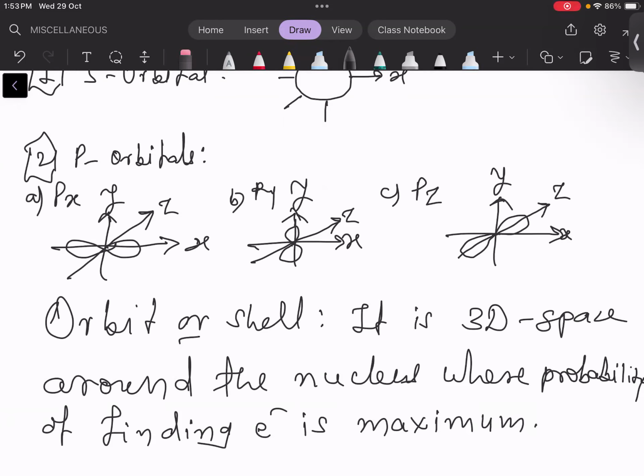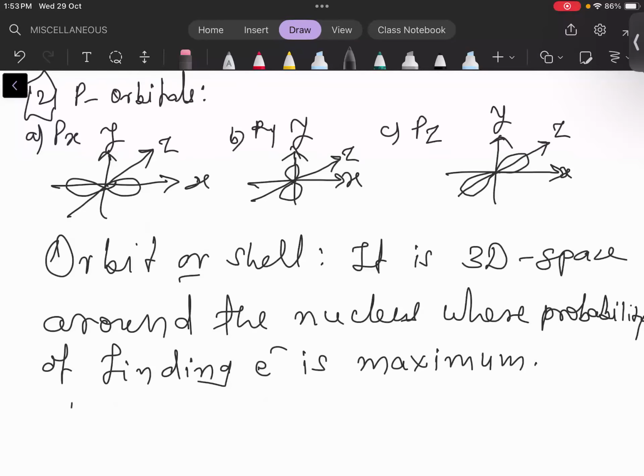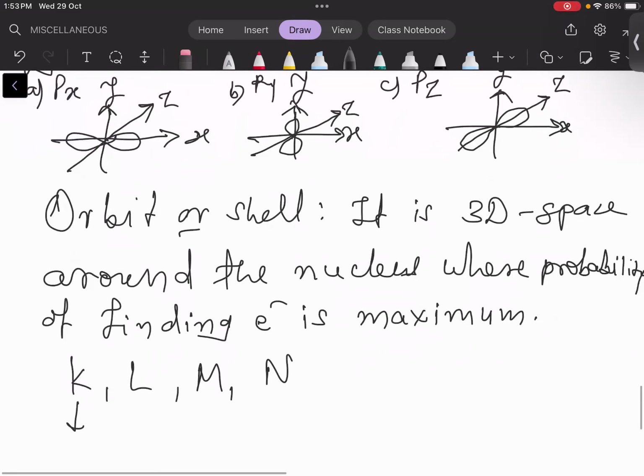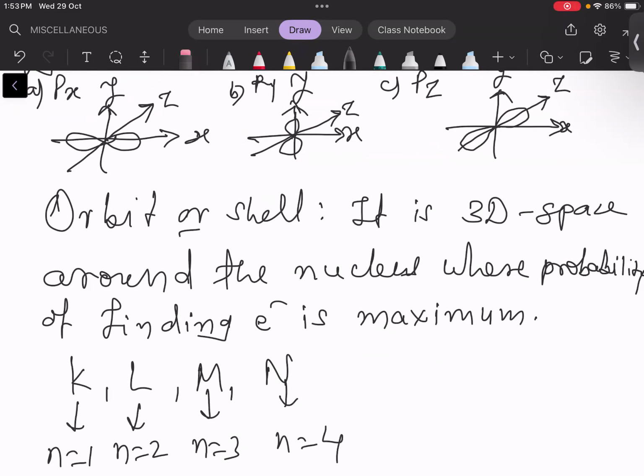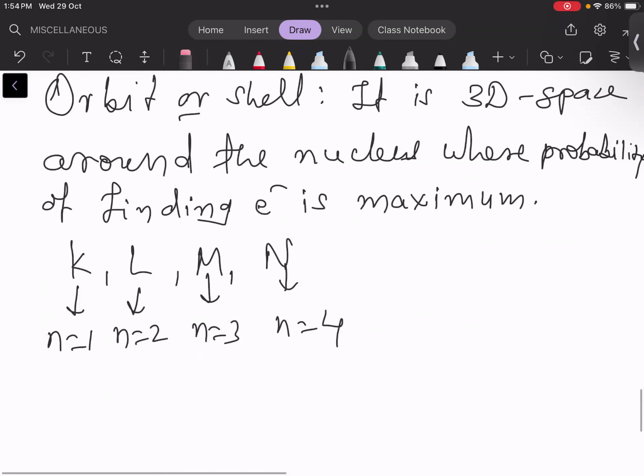So there are four types of shell: K shell, L shell, M shell, then N shell. For the K shell, n has value 1. n is actually called the principal quantum number. L shell, n is equal to 2. M shell, n is equal to 3. And N shell, n is equal to 4. Right?